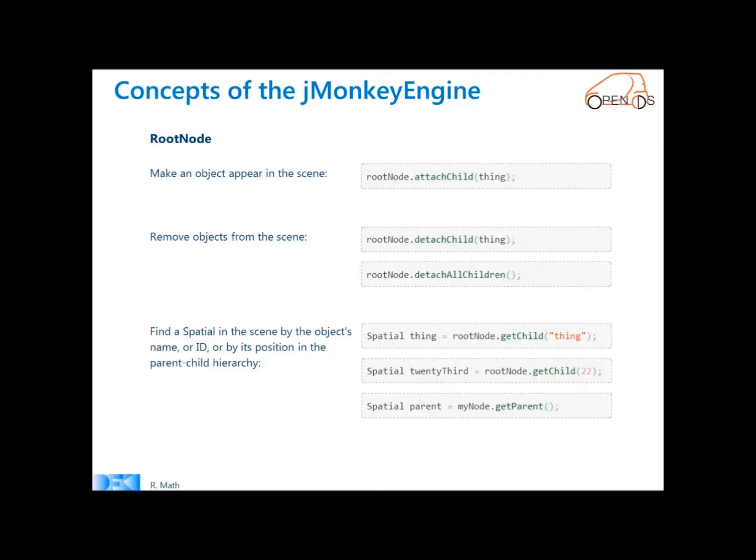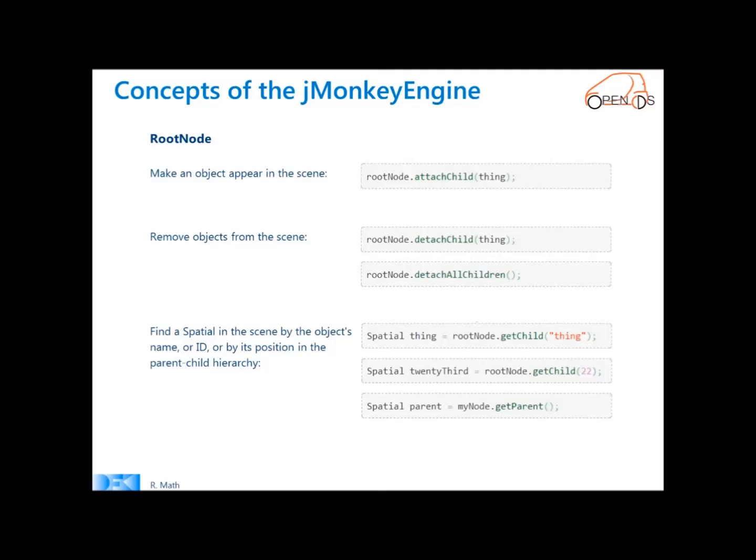We have 3 ways to ask for any spatials in our scene. The first one we have already seen in the previous presentation, where you could ask to get child. So the get child method plus the ID will result in the blue box if we ask for the blue box there. All the objects in the node are enumerated.